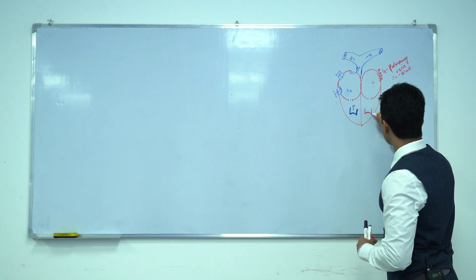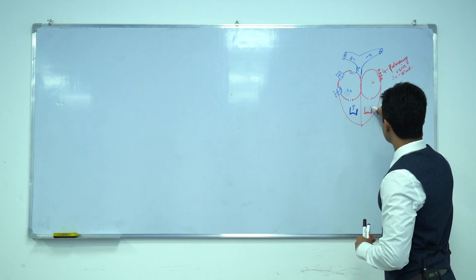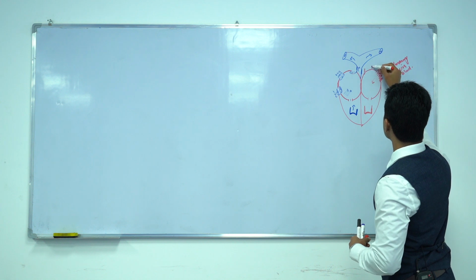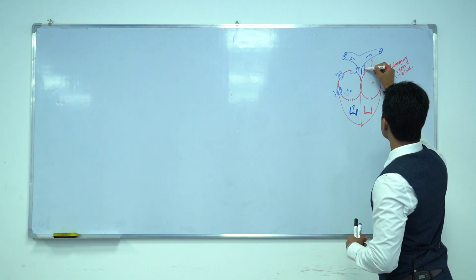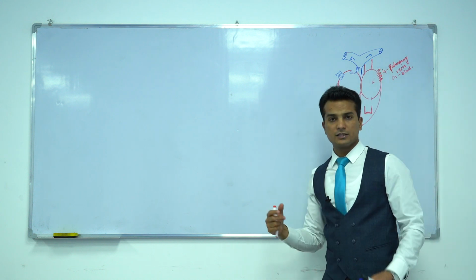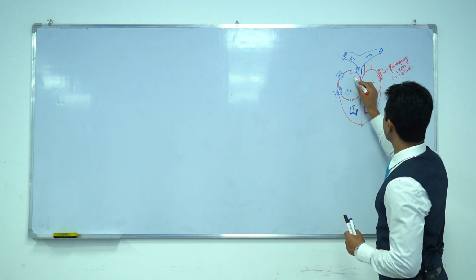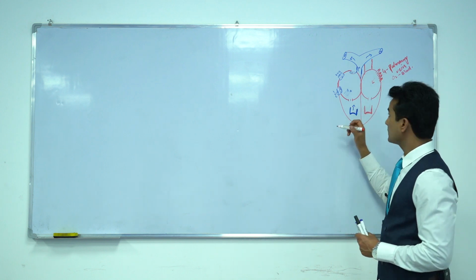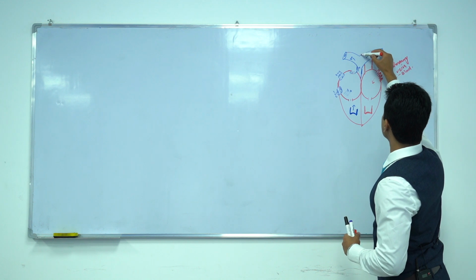So this is the aortic valve, also semilunar in shape. This is the aorta, and this is now the ascending aorta. The ascending aorta gives 2 branches, the right coronary artery and left coronary artery, which supply your heart, okay? Then it makes the arch.